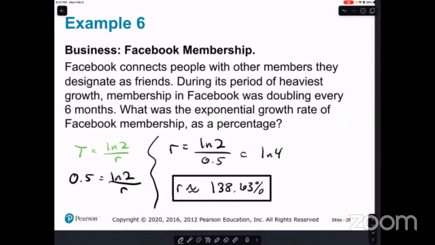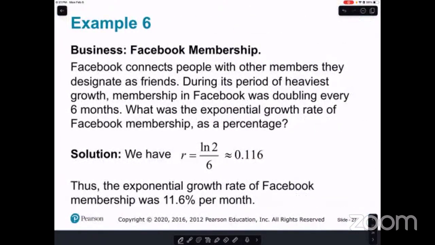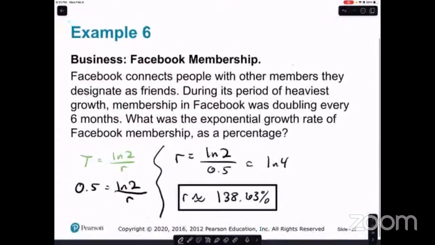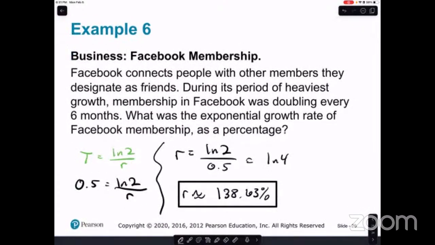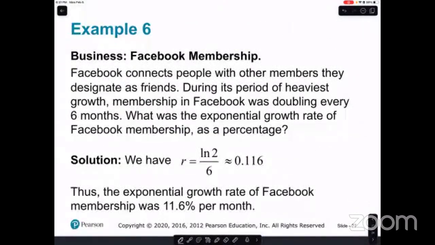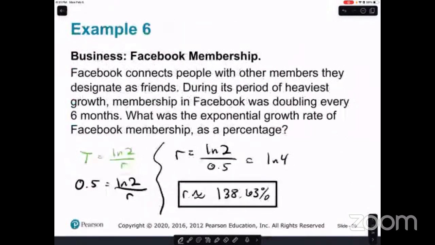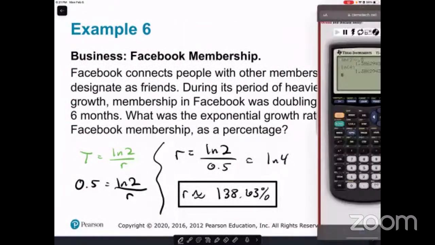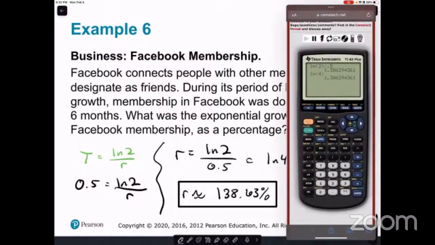Let me see, 6. Oh, they left it in months. Okay, we converted ours to years. Okay, per month. So if this is per year, then we can take this and divide it by 12. Let me think. Is that percent per year? Yeah, so if we take that and divide it by 12, we should get their result.